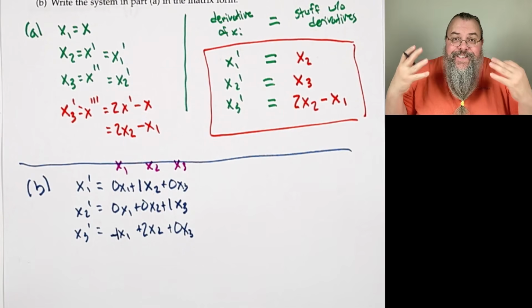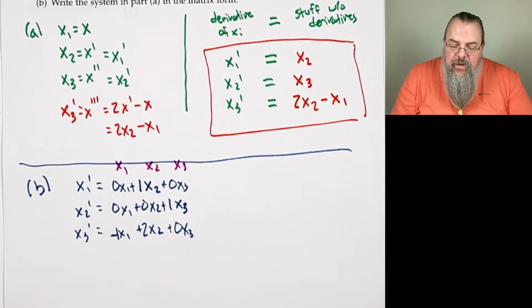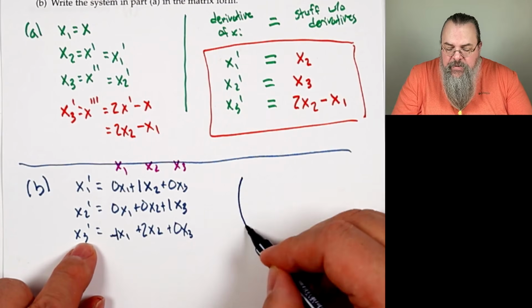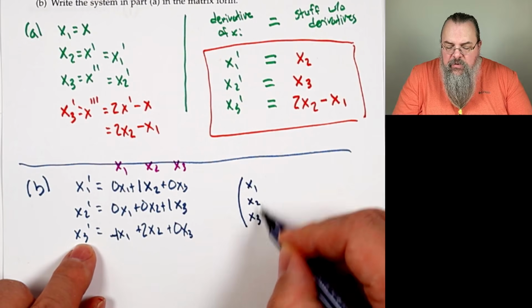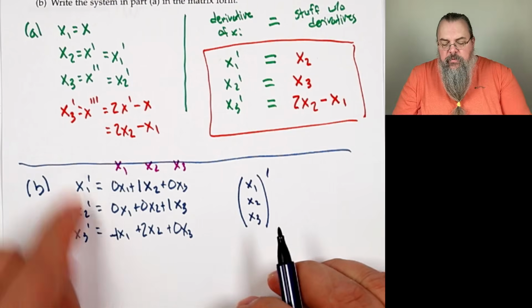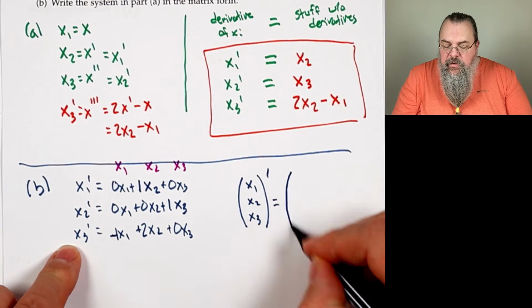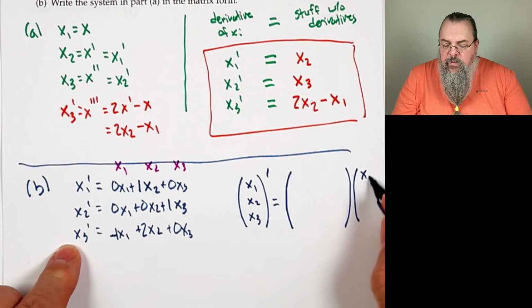It's storing coefficients. So I'm writing it in this way so that I can get the following. So I'm going to now put everything into the matrix. So I have the x1, x2, x3 prime, right? That's there, is equal to this 3 by 3 matrix times x1, x2, x3.